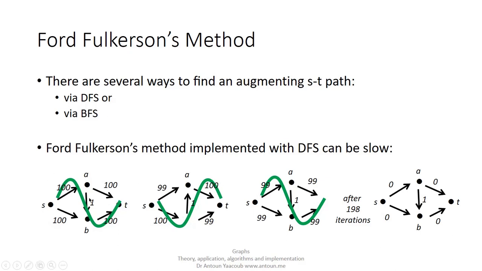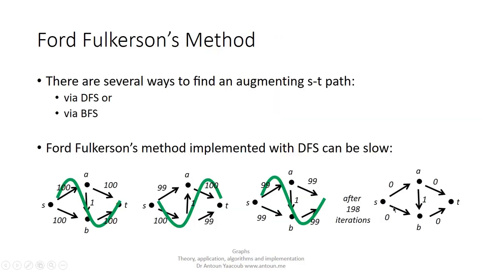Each time the residual graph will be decreased just along one way, and as you can see the arcs will be inverted. At the end, after 198 iterations, I will reach the fact that the maximum flow here is equal to 200, but this is too much time.